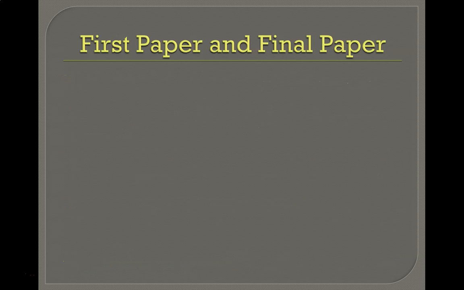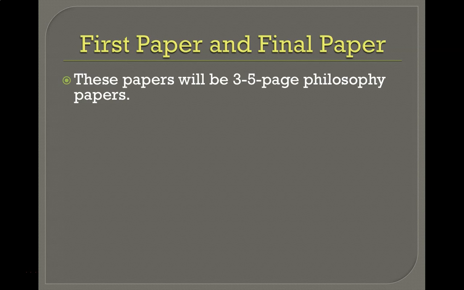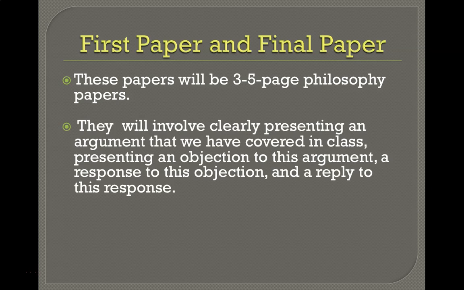Okay. Now, the other assignments for the class, the first paper and the final paper. These are short papers that'll be about 3 to 5 pages long. They're going to involve clearly presenting an argument that we've covered in class, presenting an objection to this argument, a response to this objection, and a reply to this response.